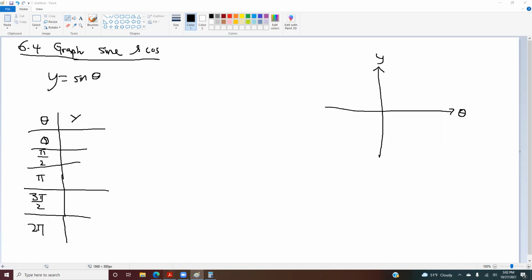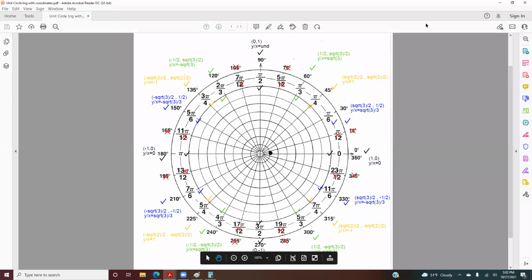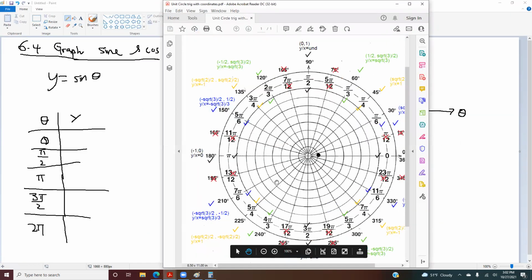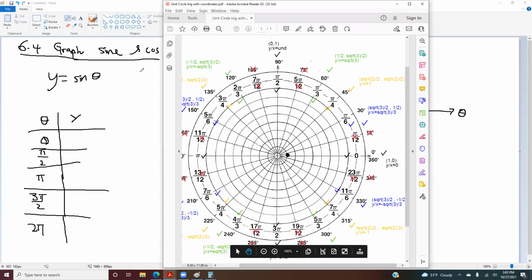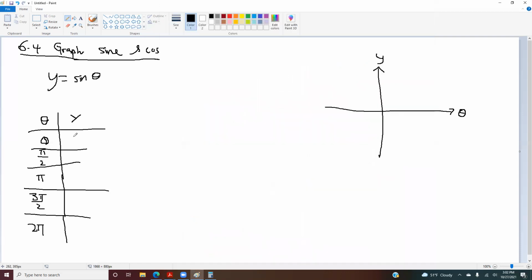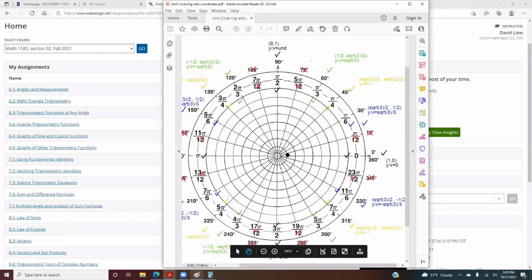So if you look at your unit circle here, can someone tell me what is sine 0 degrees? 0, because at 0 degrees, sine is your y, so this is 0. So the first point we have is the coordinate (0, 0), which is right over here. And then we do the same thing.